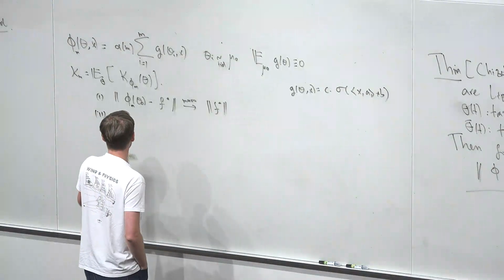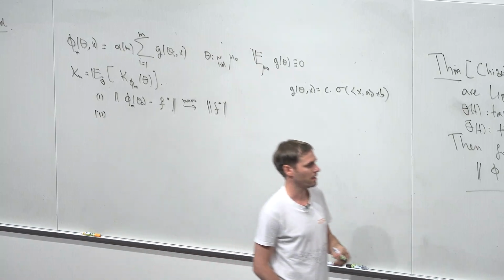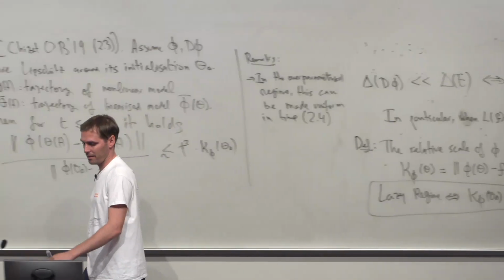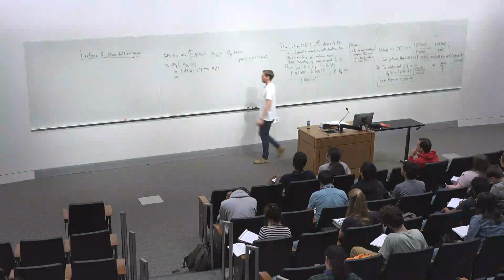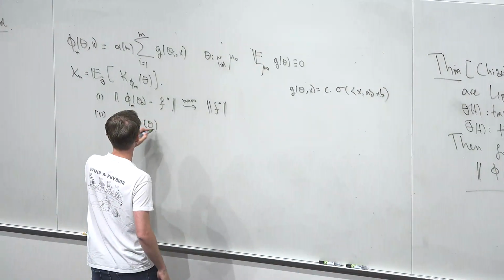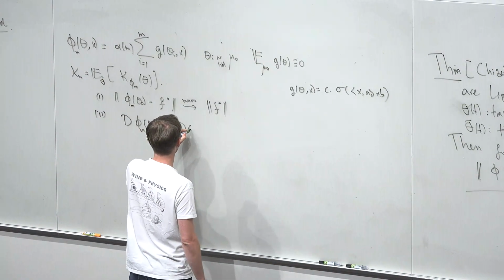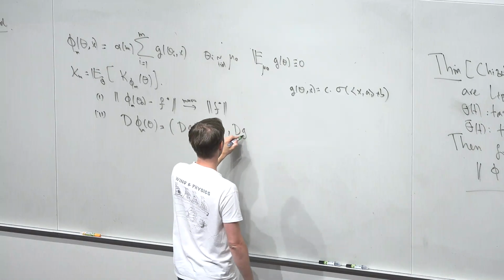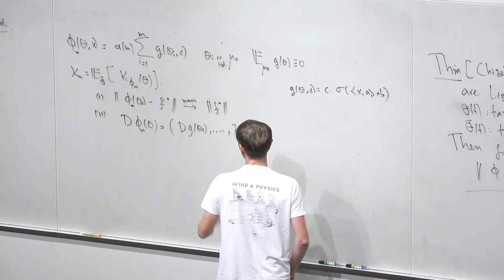The second point, of course, is just to compute the gradient. So what is the gradient here? It's going to contain the gradient of g at theta 1, and the Jacobian of g instantiated at theta m.